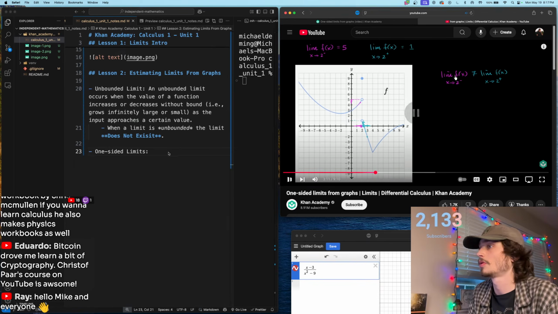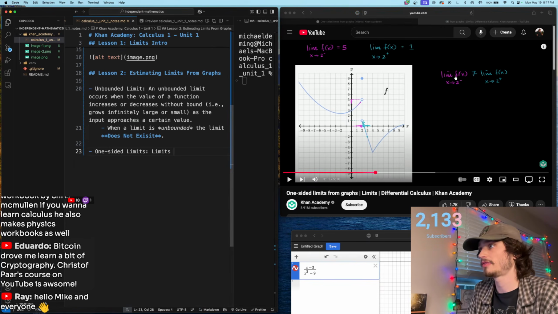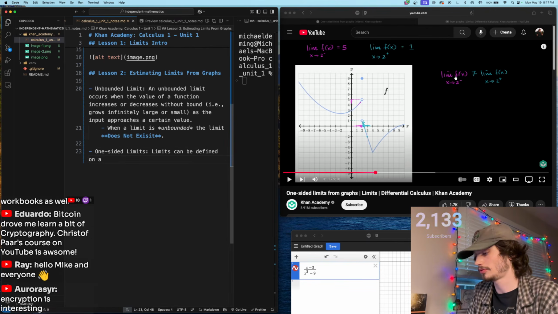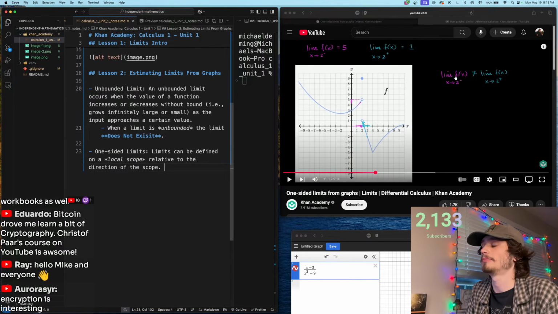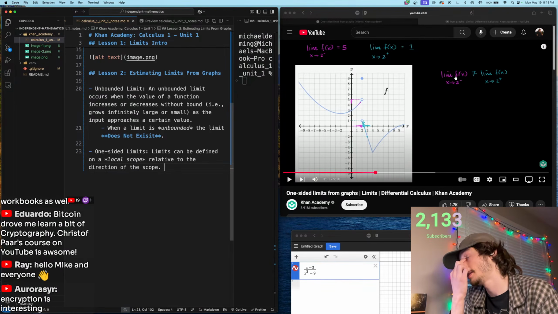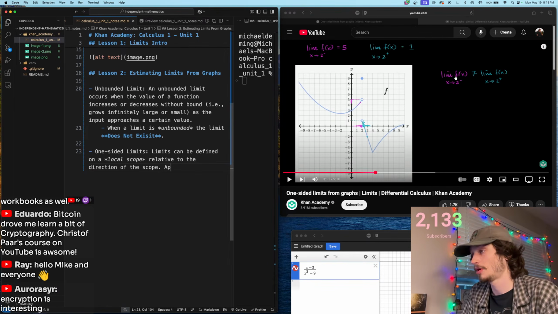Limits can be defined on a local scope, relative to the direction of approach.